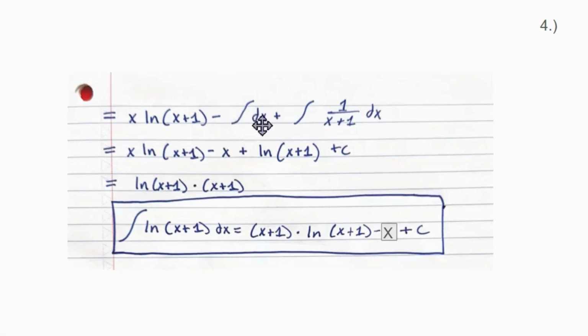So now the integral of dx is x, and the integral of 1 over (x plus 1) is natural log of (x plus 1). So now you could factor out the common terms, and you're left with natural log of (x plus 1) times (x plus 1). And your final result is this box portion down here.